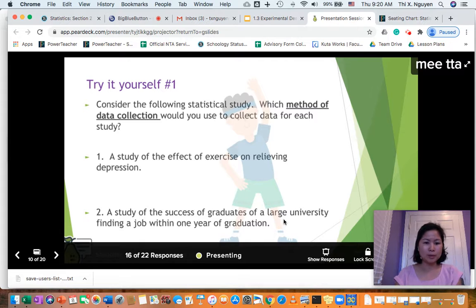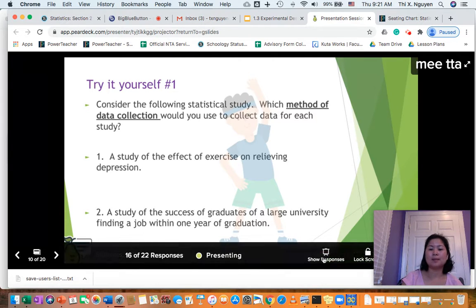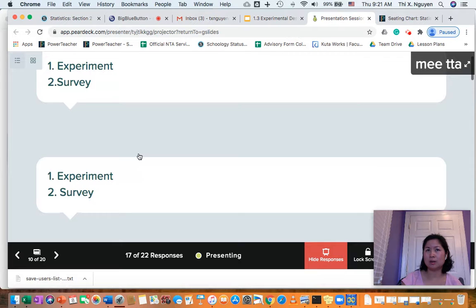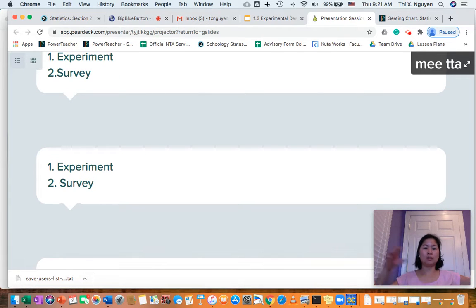Okay. Number two is a study of the success of graduates of a large university finding a job within 1 year of graduation. I can see that. I have not looked at the answer. I'm not going to show it, but I guess that for number two, we may say observational, but it's not quite observational because you're not going to be able to observe all of the graduates.